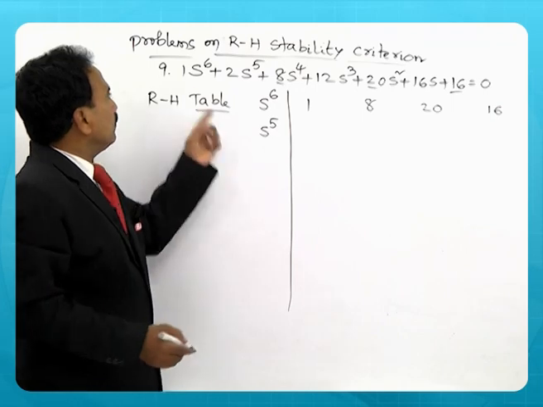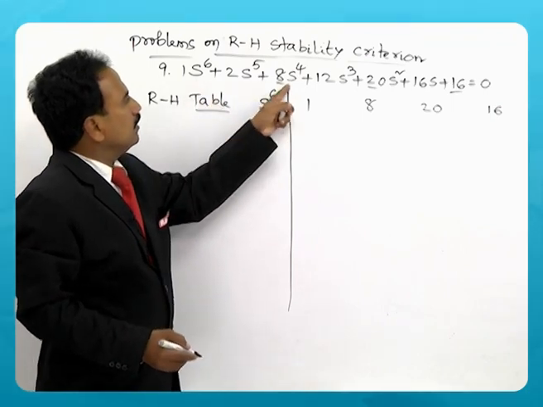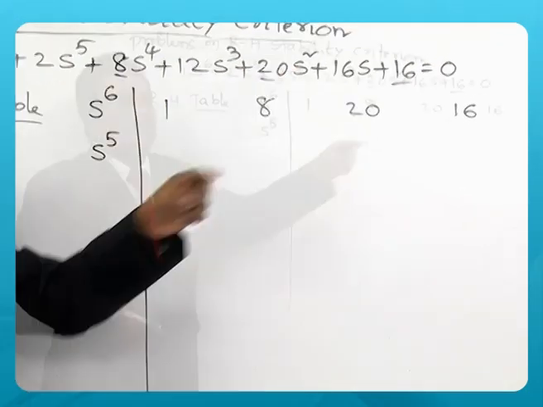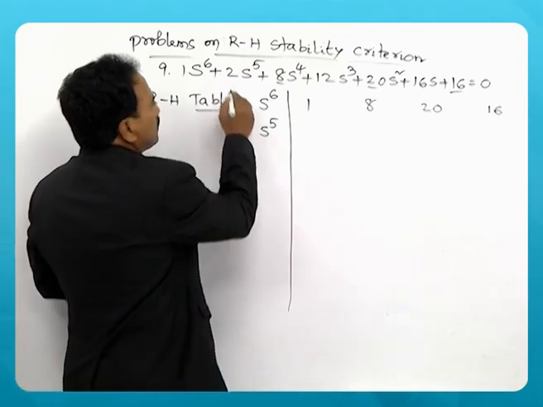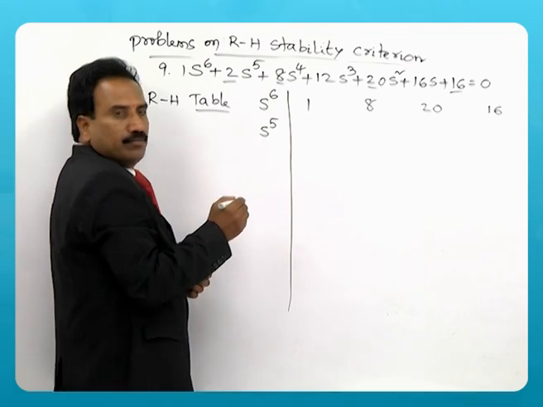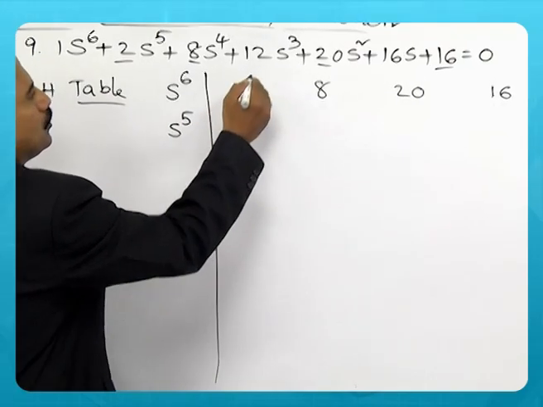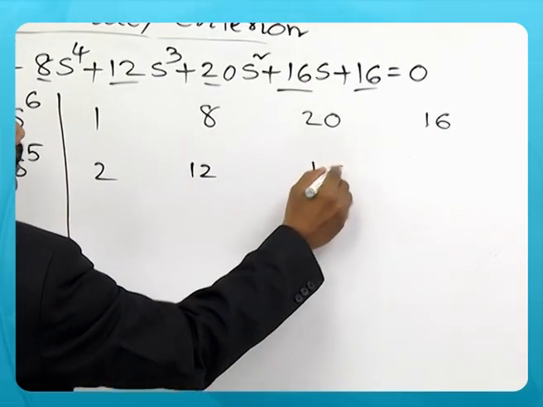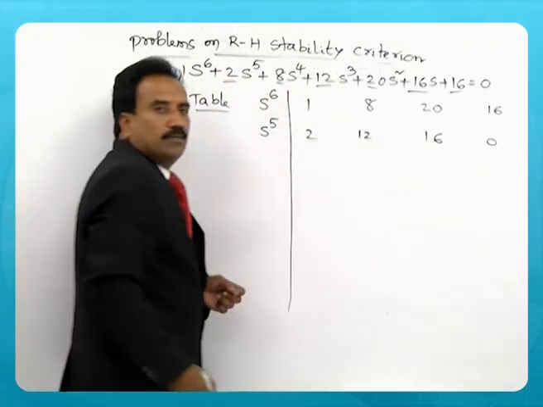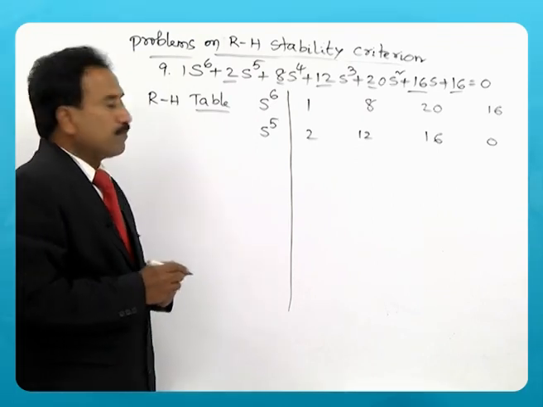Start from the highest power, and alternate terms' coefficients must be written in the first row. For the second row, start from the second coefficient, that is 2, and choose alternate terms again: 12, 16, and then no element, so you can just put 0.